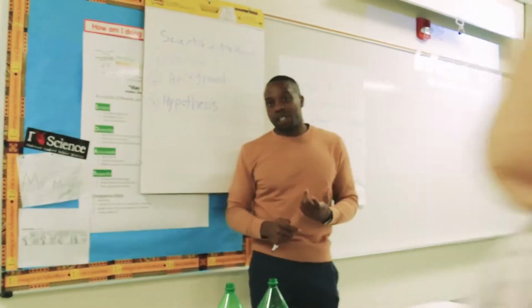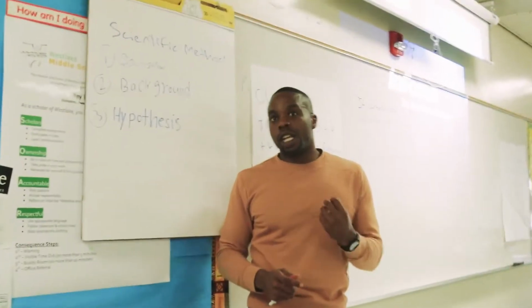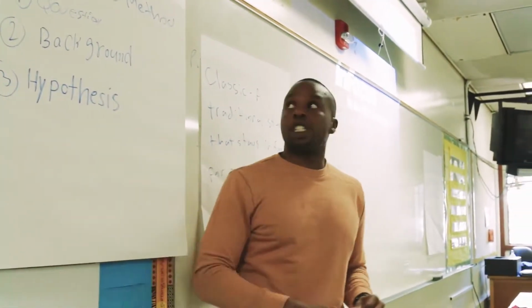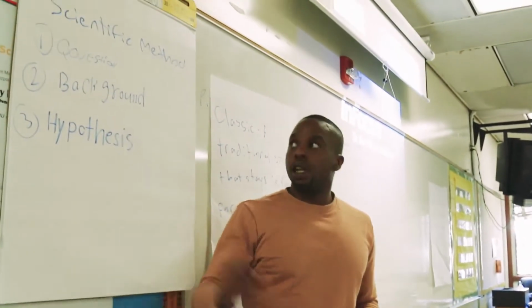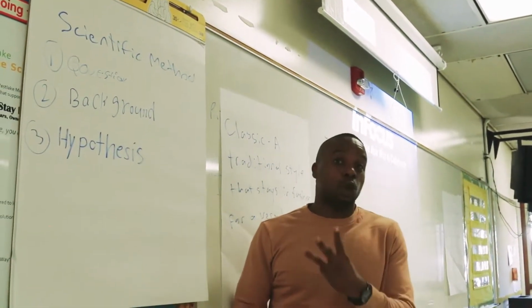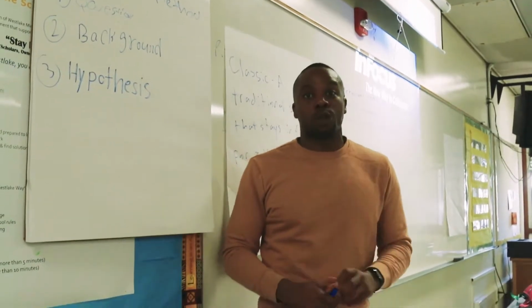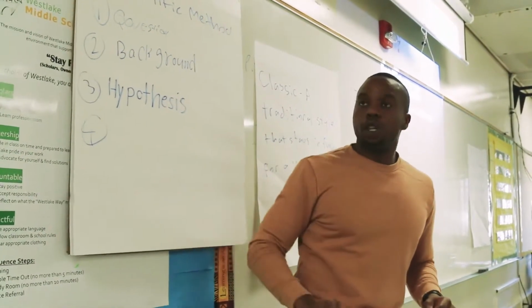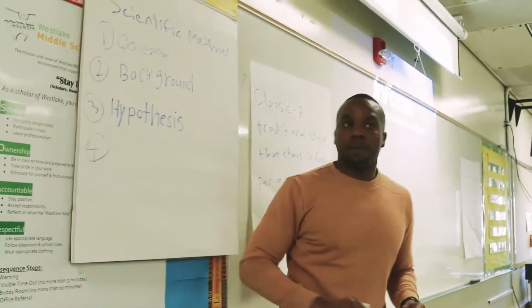Remember, a hypothesis is an educated guess. They use an if and then statement. So, class, let's repeat the first three steps. Question. Background. Hypothesis. You need to have these three in order to be able to do the next and most important step.